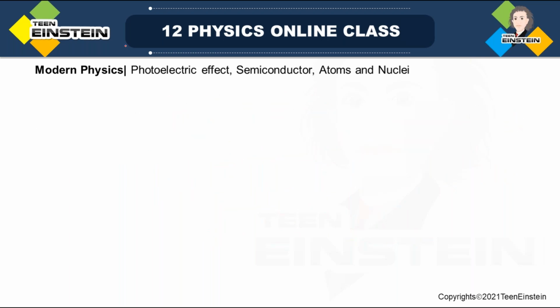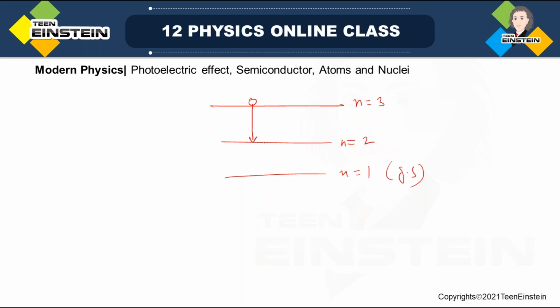So we have an electron in the n is equal to 3 state. You have n is equal to 2 and n is equal to 3 states here, and the first state or ground state, n is equal to 1. Your electron is here, so it can be de-excited in two ways: either 3 to 2, or 3 to 1.